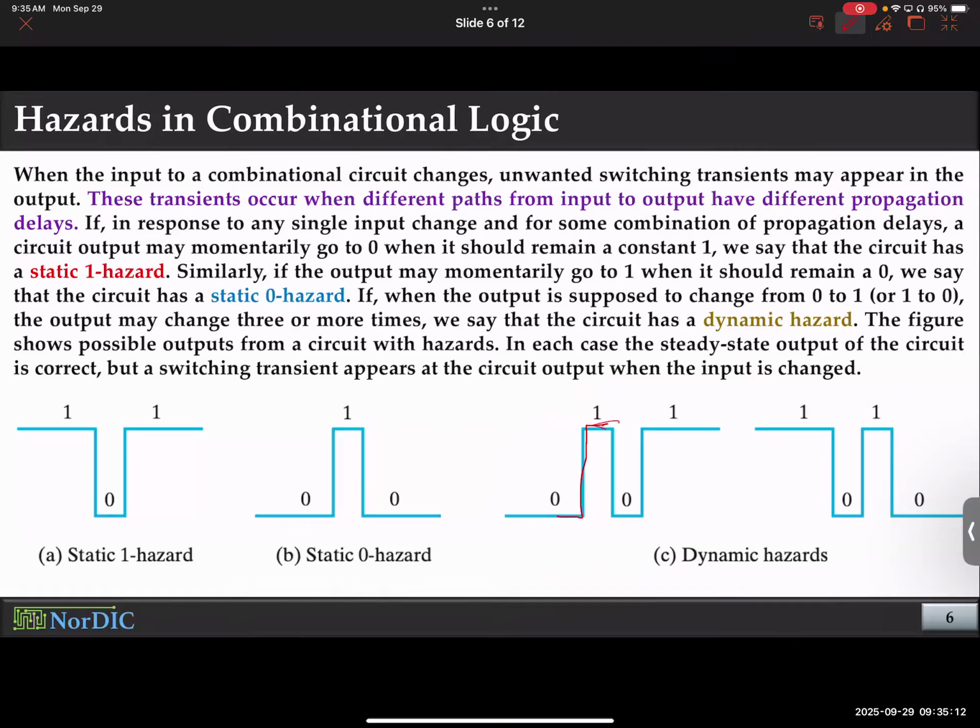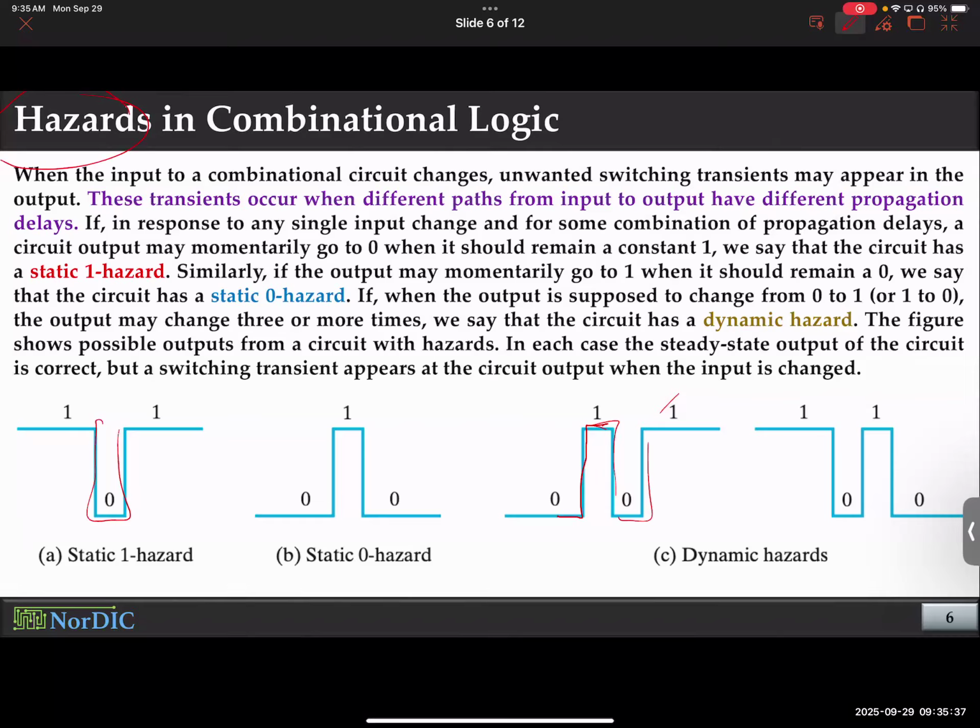So every time there are additional transitions, there will be additional energy drainage. You may not care about one capacitor charging, but think of billions of components in a chip and you're charging billions of capacitors here and there. This is definitely a crazy situation to be in unless we address this properly. So we don't like this unwanted transition. That's why they're called hazards.